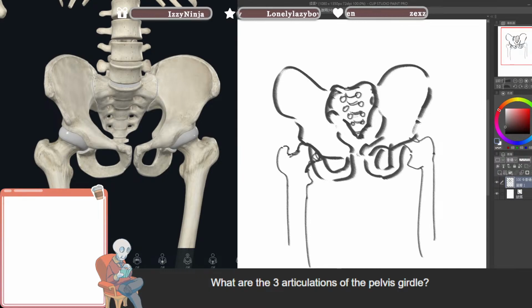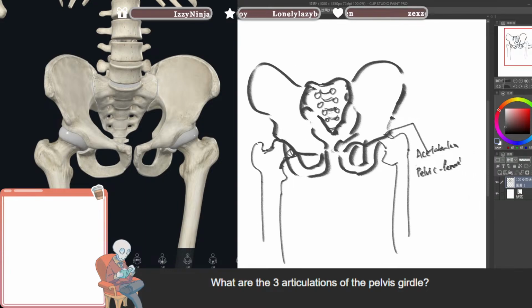You've got 2 legs, but it just counts as one kind of articulation. So one is the acetabulum, which is the pelvic femoral joint.